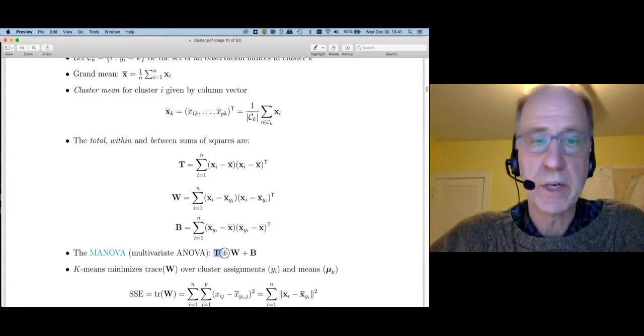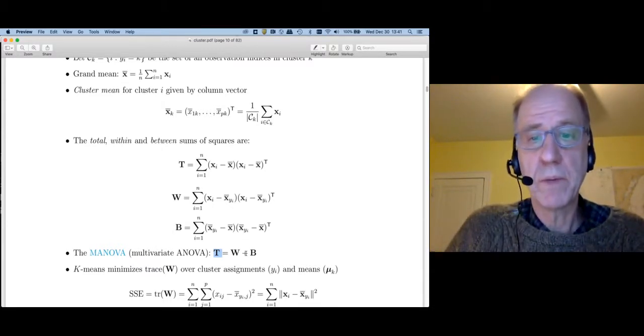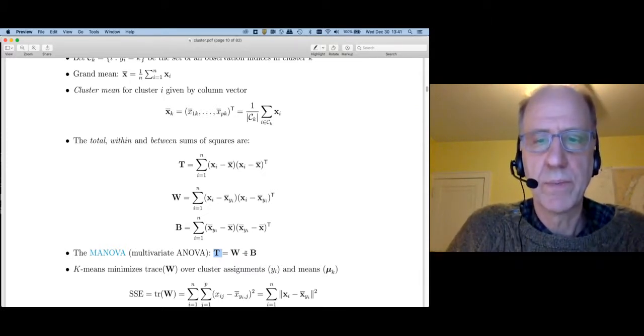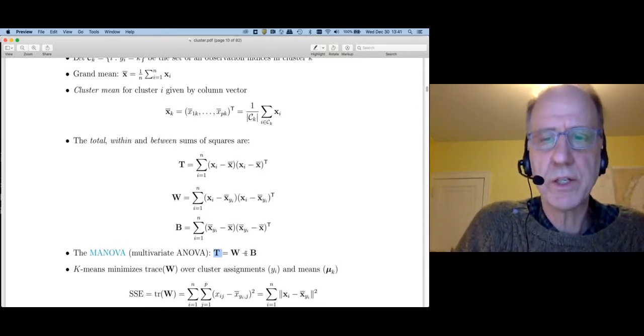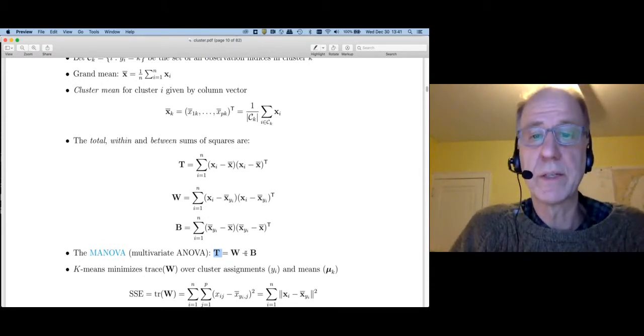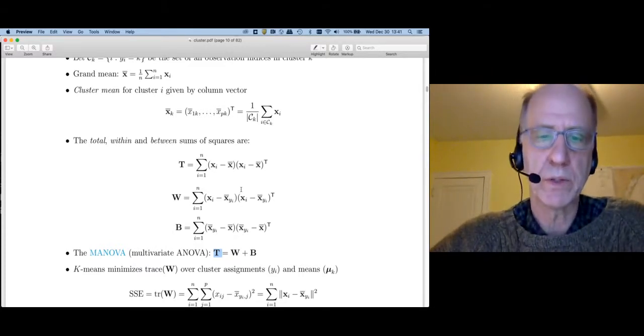Because the total variation in the data is fixed, you can also think of k-means maximizing the between group variance. So you can think of k-means either as selecting the clusters to make the within cluster variation as small as possible, or equivalently, as maximizing the amount of variation between the cluster means.